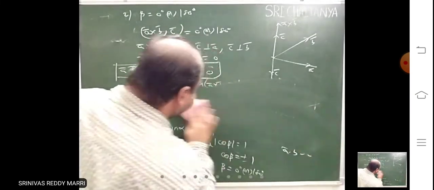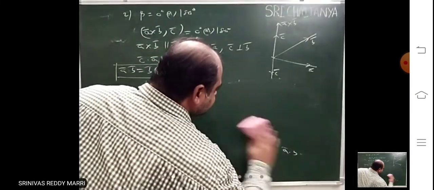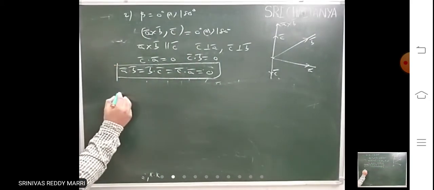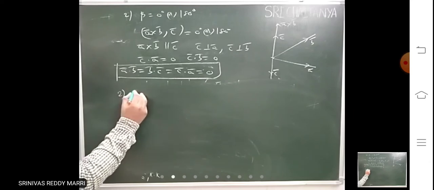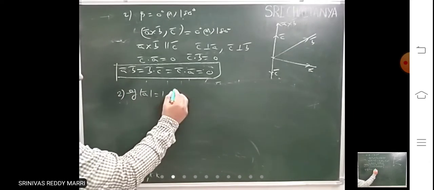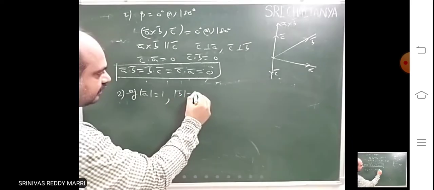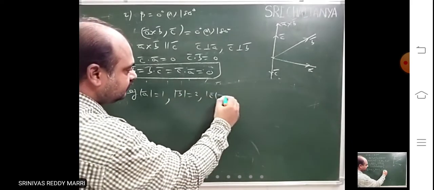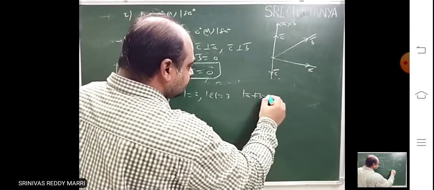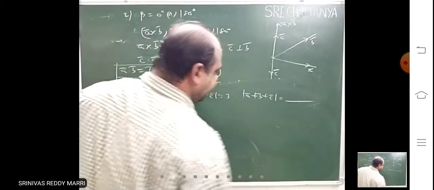You can ask the problem in a different manner. Suppose that condition is given, and in the same problem, suppose it is asked like this: if modulus A bar equal to 1, modulus B bar equal to 2, modulus C bar equal to 3, then the modulus of A plus B plus C equal to dash.